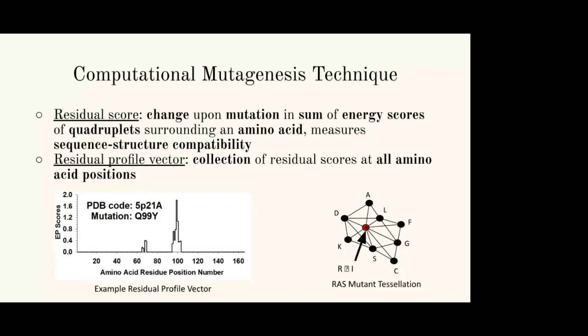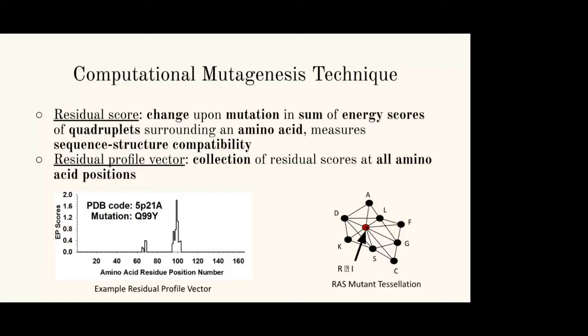Essentially, the residual score, in a particular mutation of the structure, looked at a single amino acid that was mutated, and summed up the energy scores of all the quadruplets of amino acids surrounding it. If you see in the bottom right, that red dot would, for example, be the site of the mutation for that particular mutant.